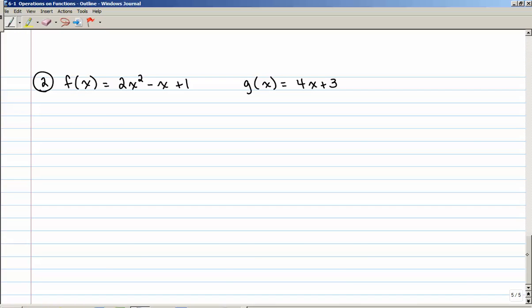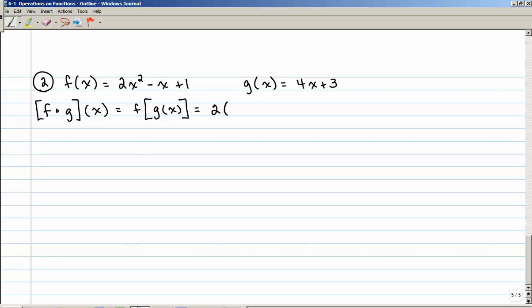Here's one that's a little more complicated because we're going to have a trinomial here. So again, f of g of x. I'm going to take f of x and put g of x into it wherever I see an x. So I have 2x squared minus x plus 1.